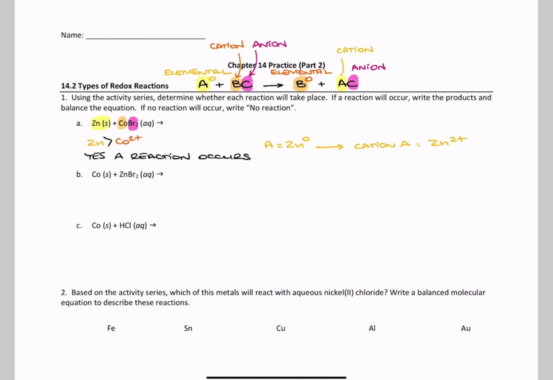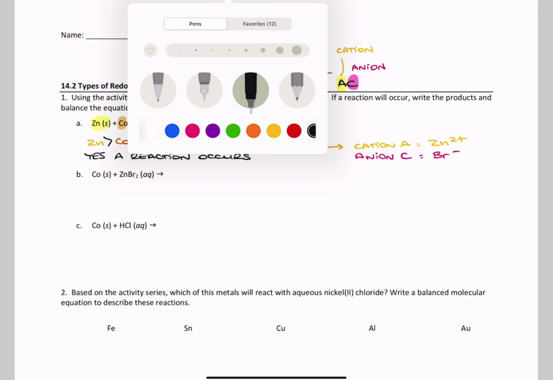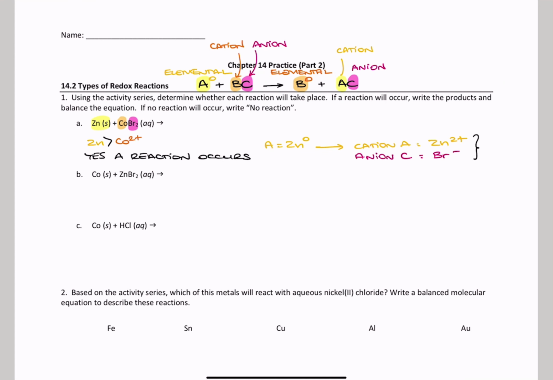This cation A will now be associated with the anion C. What was the anion C? It was the bromide ion from the cobalt 2 bromide. Therefore, the new ionic compound formed between A and C is ZnBr2 in a 1:2 ratio.